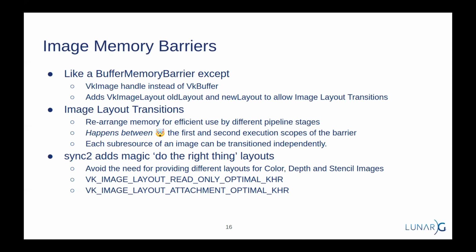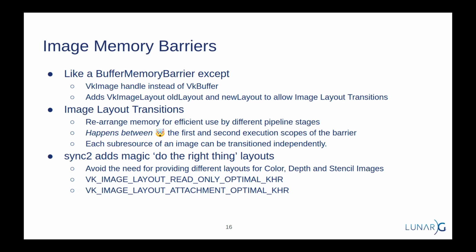The other important part is that each sub-resource of an image can be transitioned independently, which means that applications and validation have to track the current layout of each part of an image, and that can get kind of tricky and expensive. Then synchronization 2 adds some magic layouts that help you transition color, depth, and stencil images without having to keep track of or type if you're doing color, depth, or stencil.